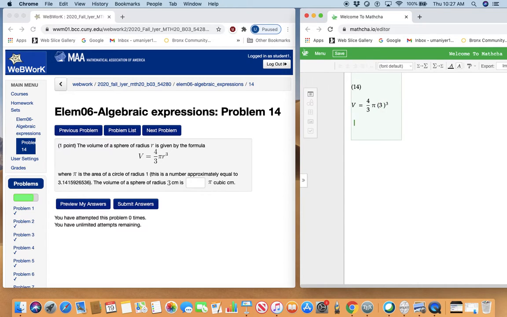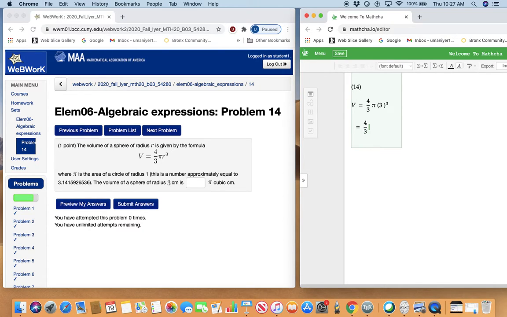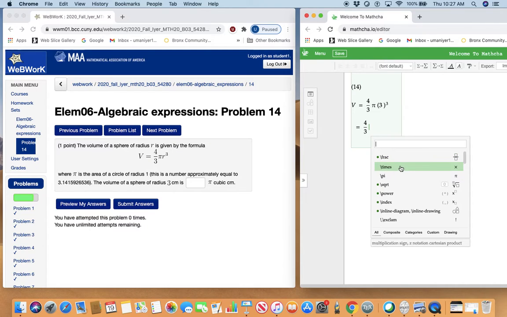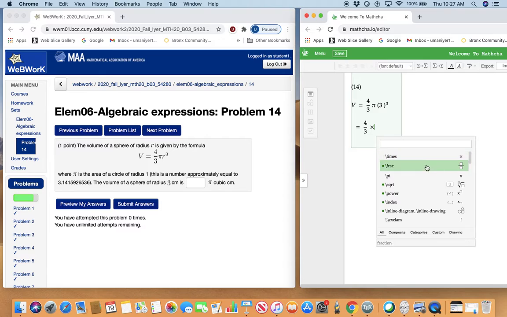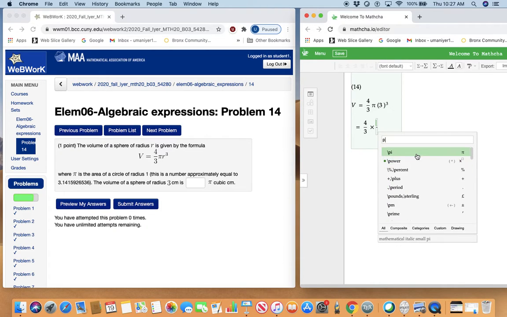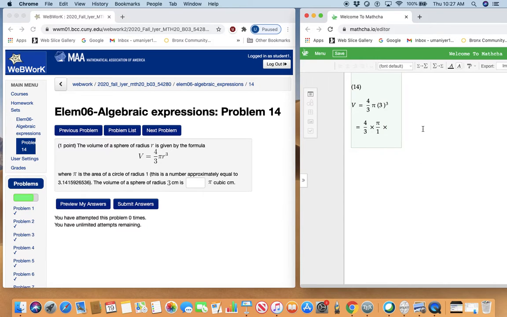So when I simplify this, I get a fraction 4 over 3, and I will write times that pi as a fraction pi over 1 times, and this I will write it as a fraction 3 power 3 over 1. Okay, so this gets me 3 power 3 is 3 times 3 times 3, right?